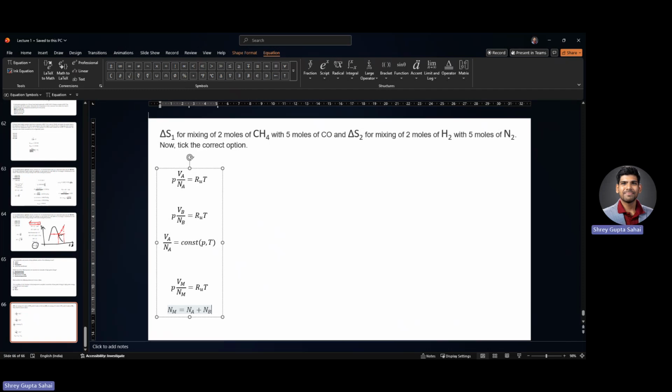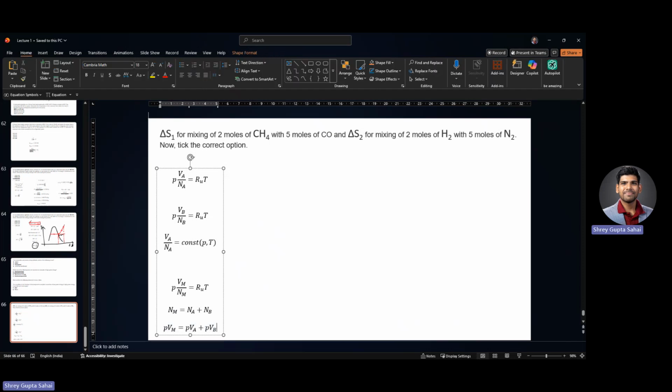This implies that P Vm is PVA plus PVB. What are we essentially saying?